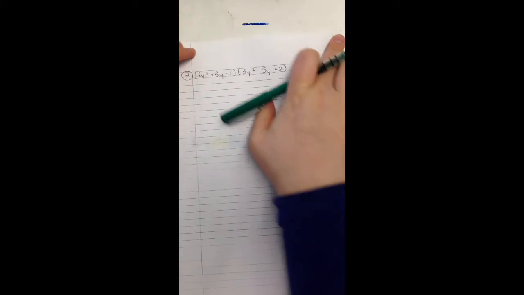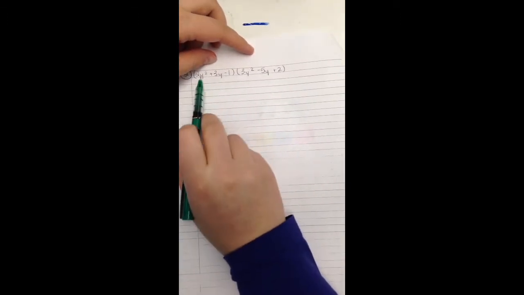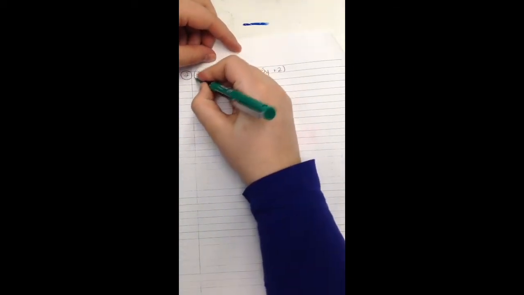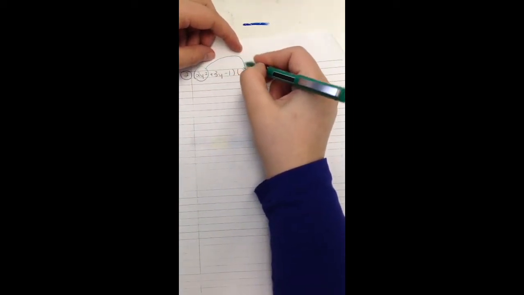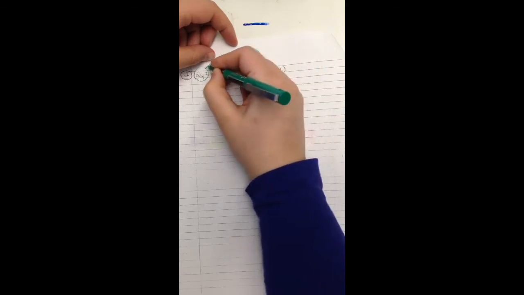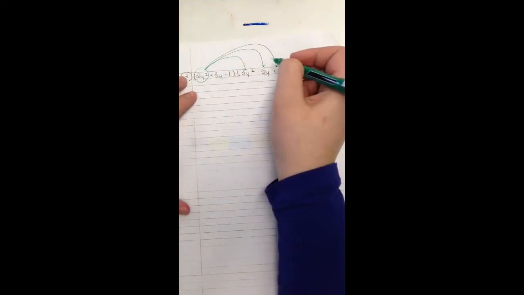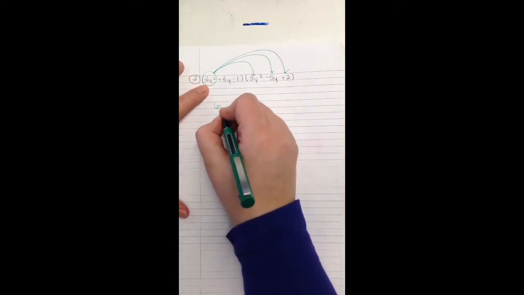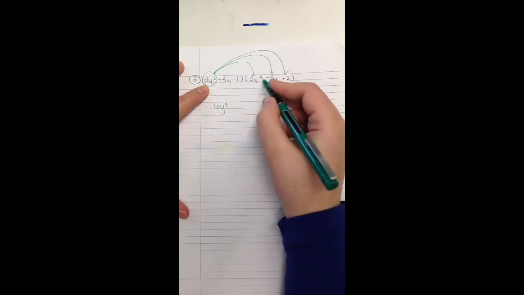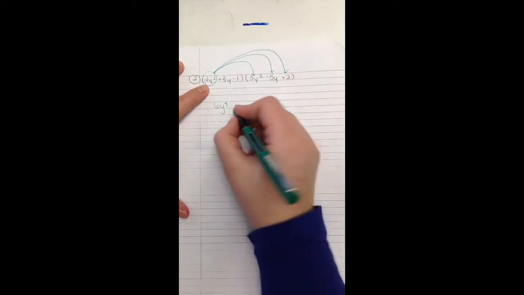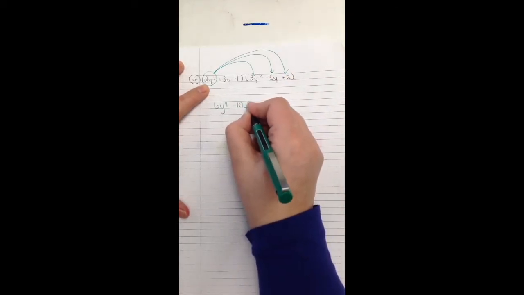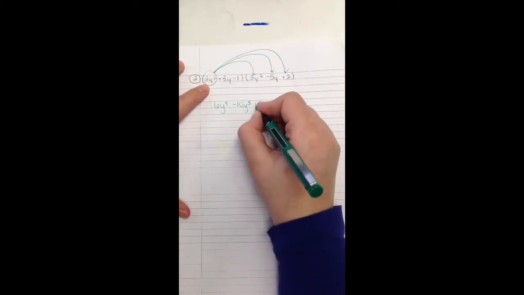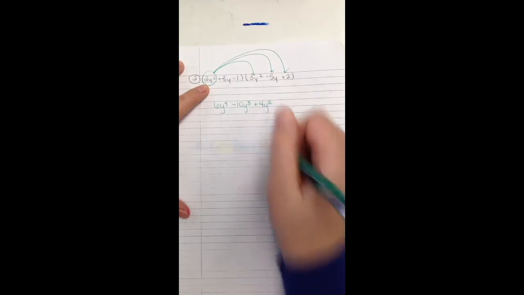All right, same thing here, only there's 3 terms. You still take each of the 3 pieces and distribute it to each of these pieces. So I'm going to take 2y squared and give it to each piece. Okay, so 2y squared times 3y squared gives me 6y to the 4th power. 2y squared times negative 5y gives me minus 10y cubed. 2y squared times positive 2 gives me positive 4y squared.